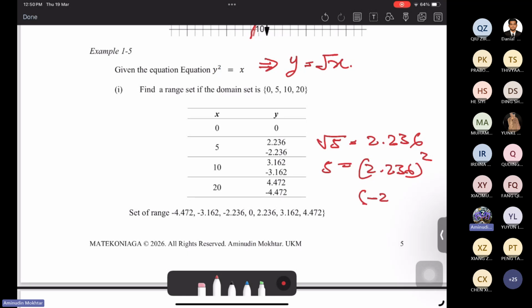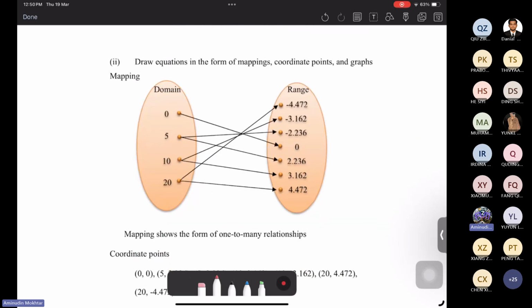Negative 2.236 squared is also equal to 5, because a negative number times a negative number equals a positive. So this domain value 5 has two values of range, positive and negative.